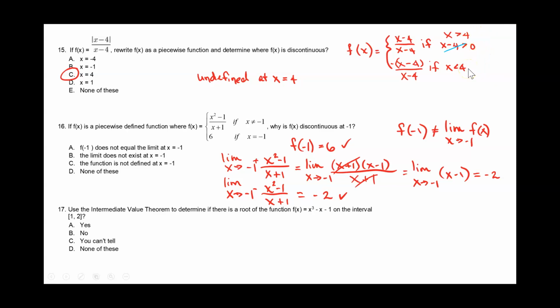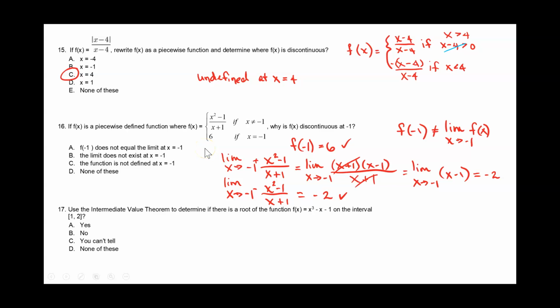So if I take the limit from the right, I get positive 1. If I take the limit from the left, I get negative 1. So the limit does not exist there either. So either one of those answers would have been acceptable, either saying that it was undefined at 4 or that the limit did not exist at 4, but both of those show that it is discontinuous at 4.